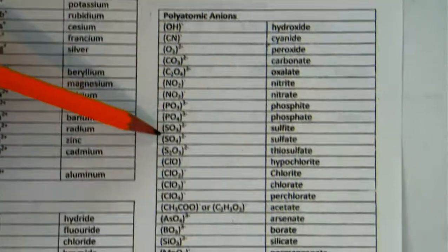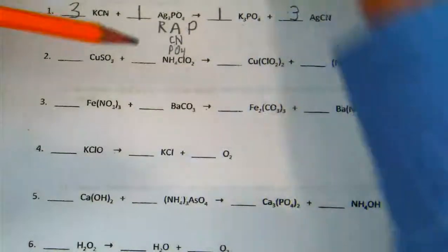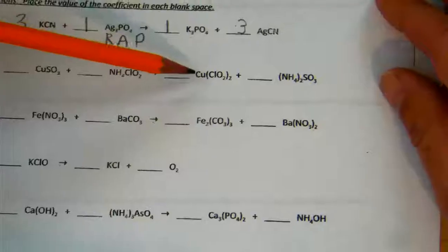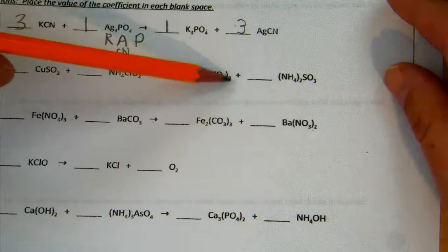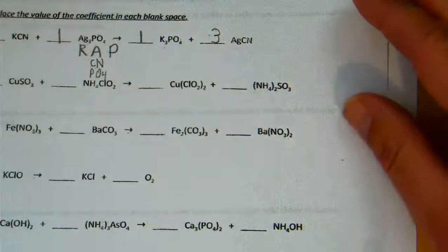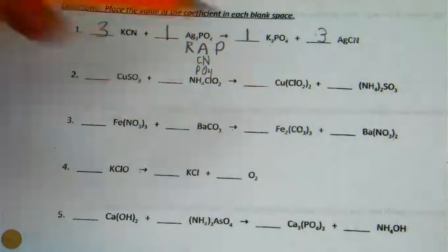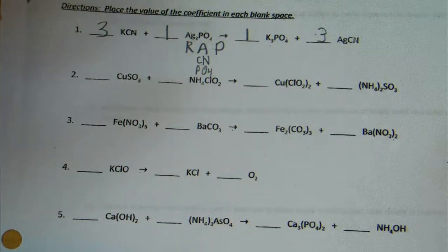ClO2 is called chlorite. ClO2 has a 1 minus charge. Chlorite yields copper, I'm guessing 2 chlorite, plus ammonium sulfite. Great. So that's just practice naming these compounds, which you should also do. I also see that this appears to be a double displacement reaction, now that we've learned what that means.